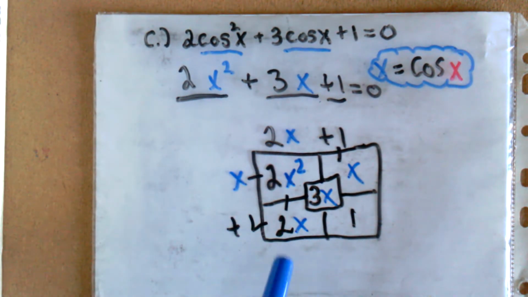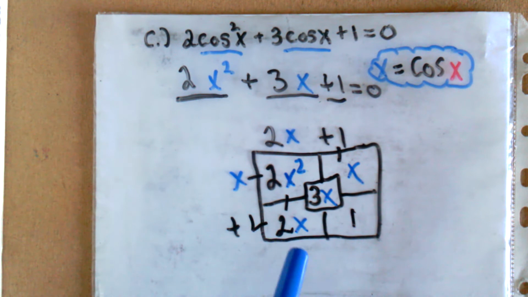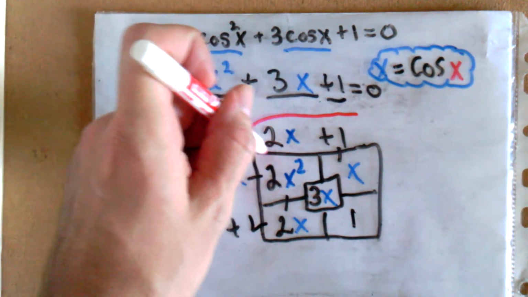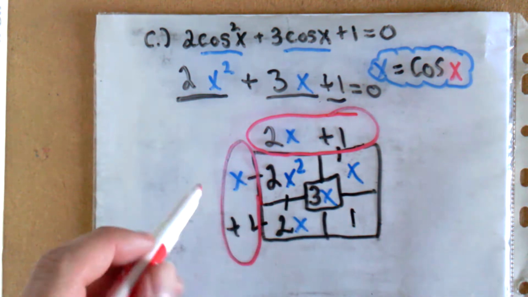Okay, and do these 2 numbers add to give us the middle term? 2x plus x gives us 3x, so it works. That means our answers for our Punnett square are right here, the 2 equations on the outside: 2x plus 1 and x plus 1.